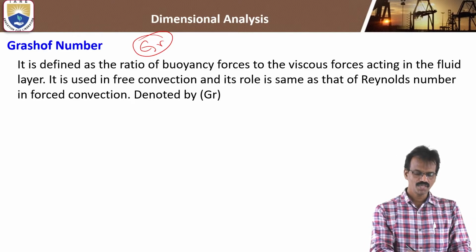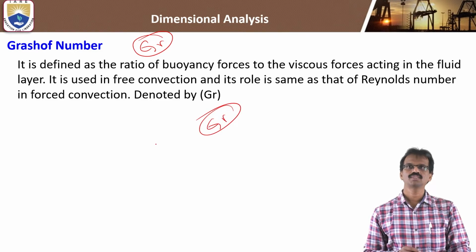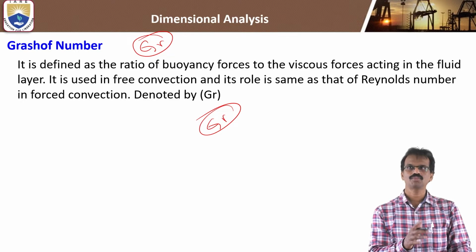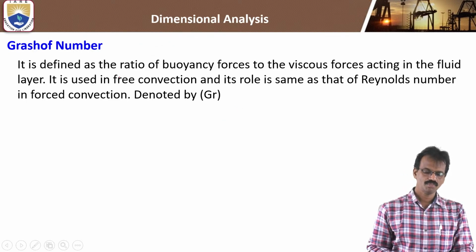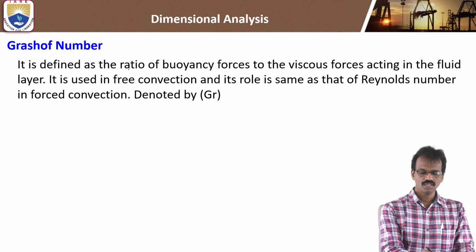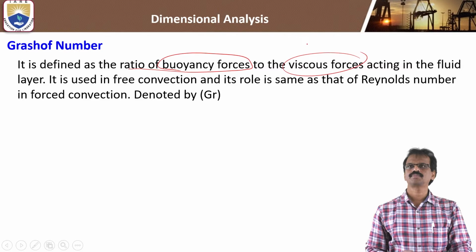In the case of natural convection, by using the Grashof number values, we can identify the type of flow, either laminar flow or turbulent flow. So the importance of the Grashof number: it is defined as the ratio of buoyancy forces to viscous forces.